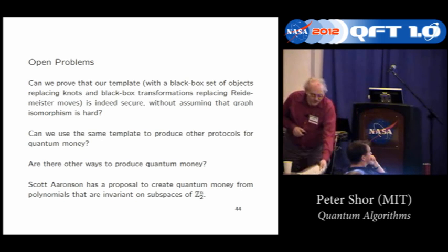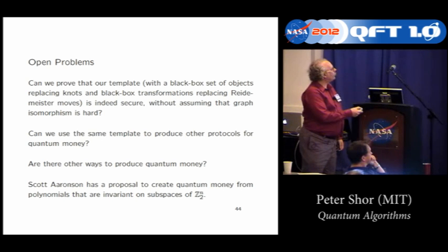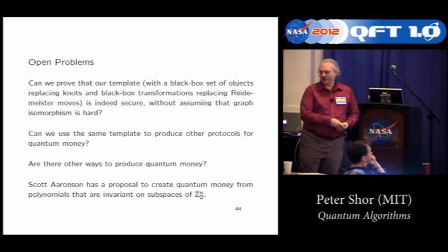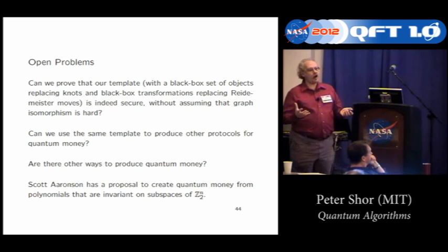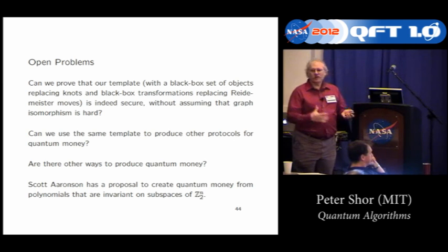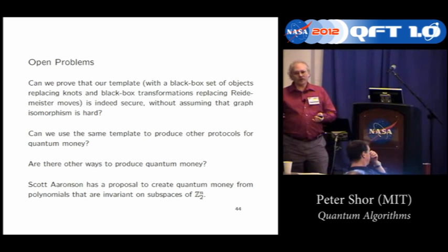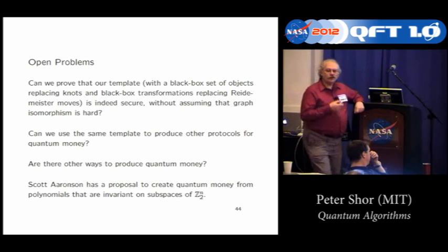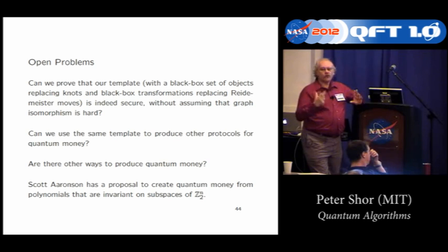We have some evidence that breaking knots in general is as hard as doing graph isomorphism, because we saw that if we could break our quantum money scheme for hard graphs, we could solve graph isomorphism. And we can show that if you have a way of breaking the quantum money scheme that works for everything, it'll work even on the hard graphs.